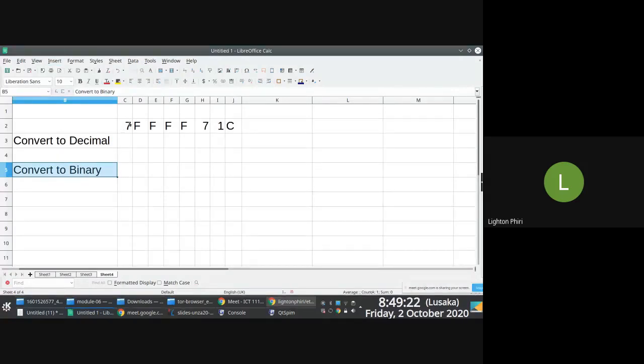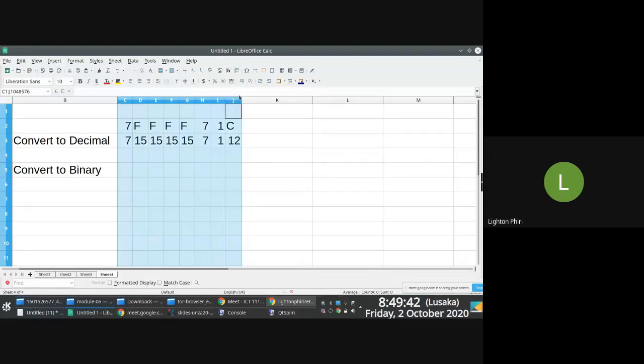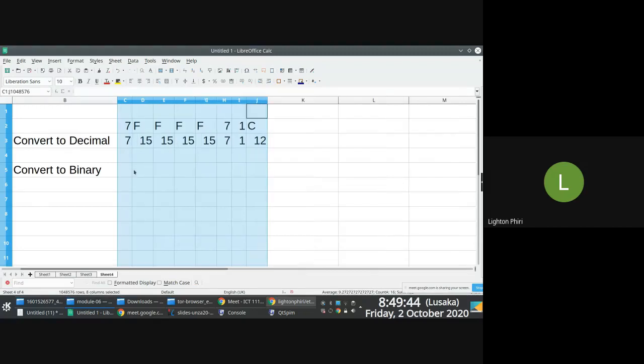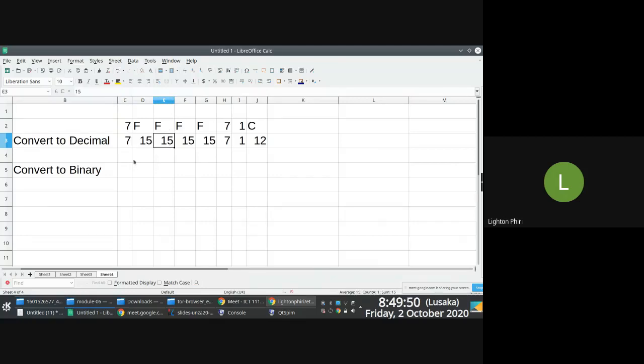We know 7 is 7, F is 15, F is 15, F is 15, F is 15, 7 is 7, 1 is 1, C is 12. A, B, C is 10, 11, 12. Once you do this, as a next step we need to convert these decimal symbols into binary. How do we convert these into binary?